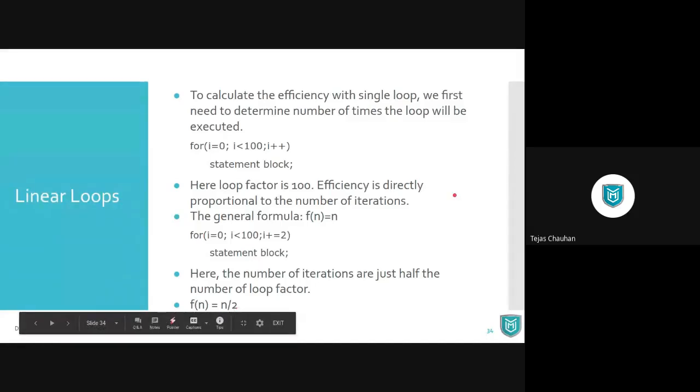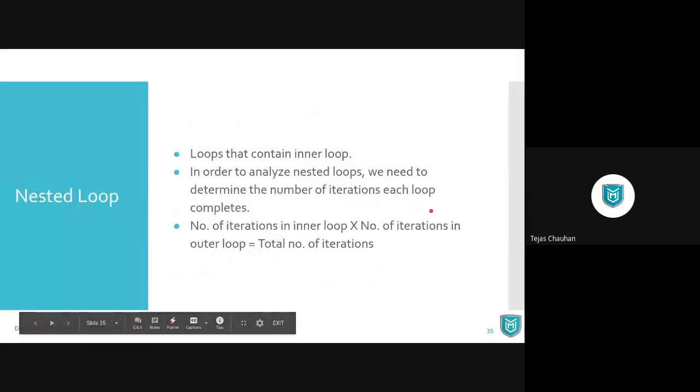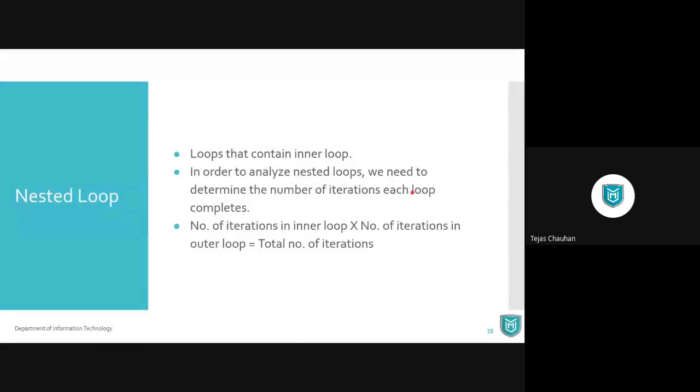So that's a linear loop. Now let's say you have nested loops: one loop, and inside that you have another loop. So the inner loop is going to be executed how many times? The number of times the outer loop will be executed. So the inner loop execution time multiplied by the outer loop execution time will give you the total execution time.